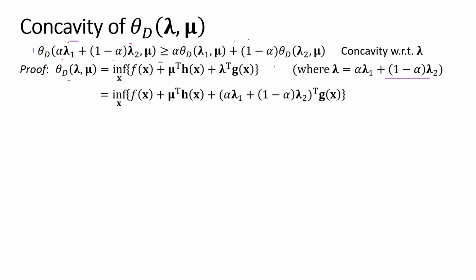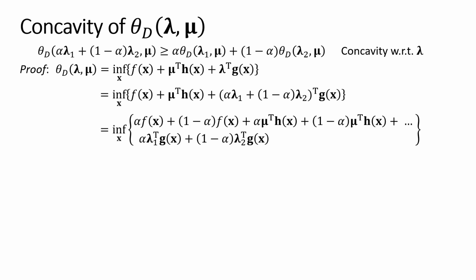And that's equal to the infimum of f of x plus mu transpose h of x plus, I replace lambda with alpha lambda 1 plus 1 minus alpha lambda 2. So what I have here is alpha lambda 1 plus 1 minus alpha lambda 2 transpose times g of x, which is equal to the following.